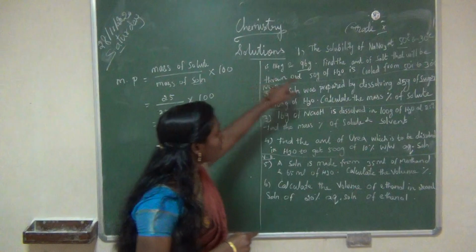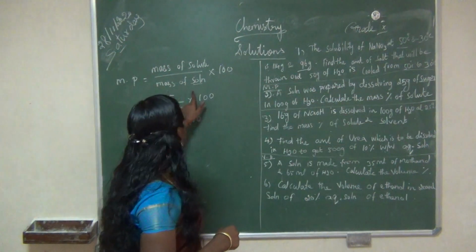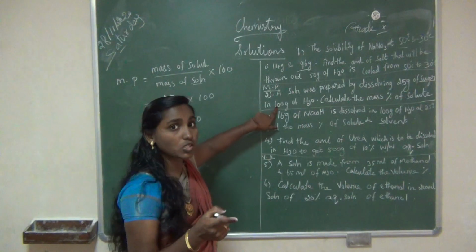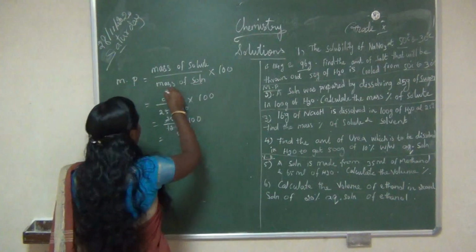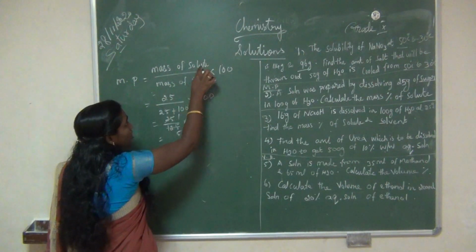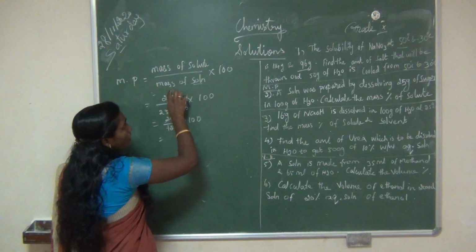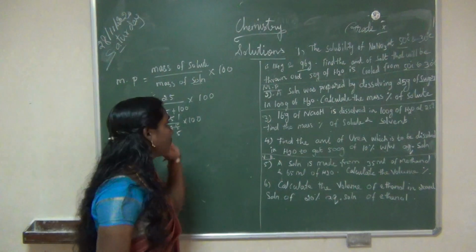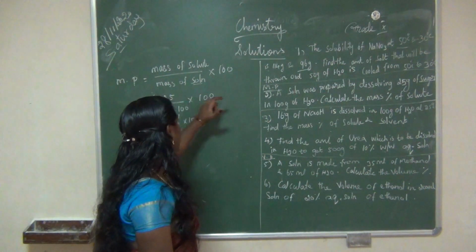Then mass of solute 25. Mass of solution means solute plus solvent. If you are confused, you can write one more step: mass of solute divided by mass of solute plus solvent. So 25 plus 100 into 100.